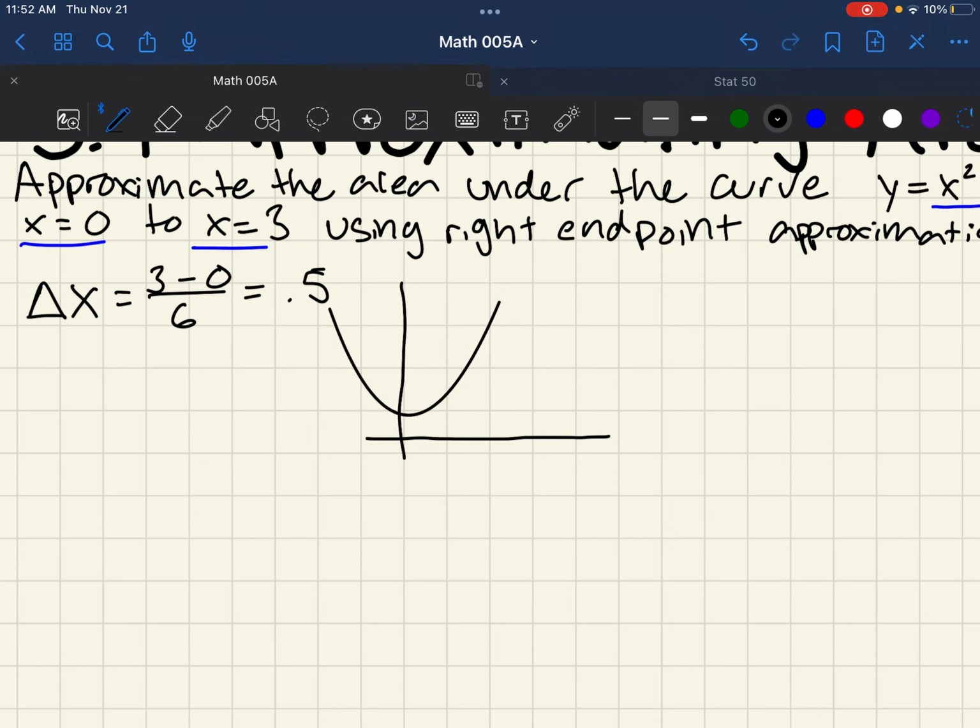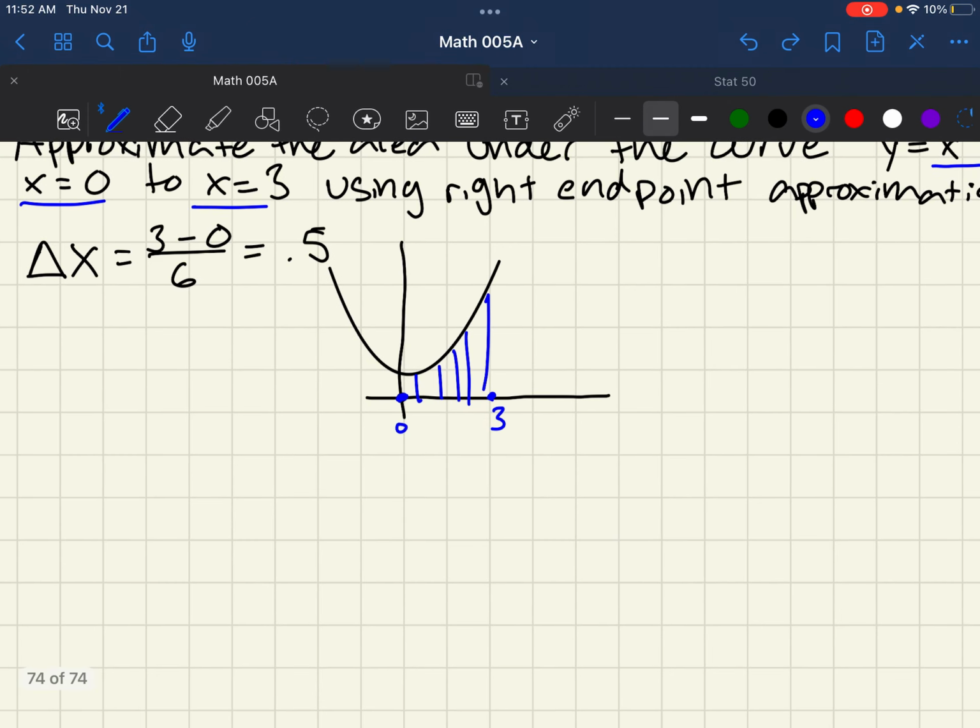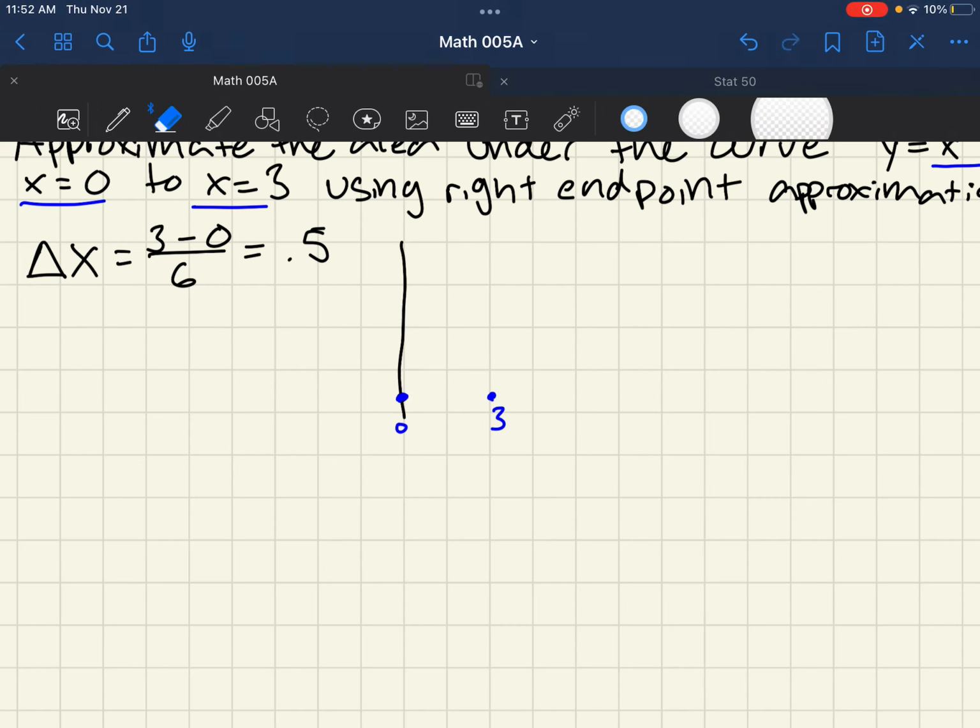We need to find the area from 0 to 3, and there's going to be 6 spaces in between those. 1, 2, 3, 4, 5. Whoops. You get the point.